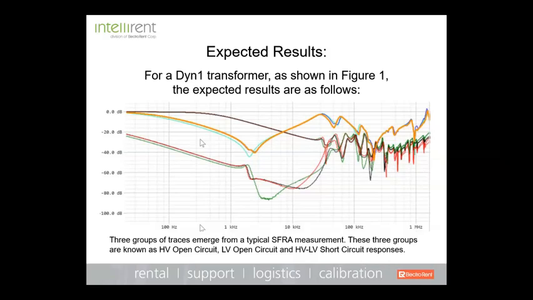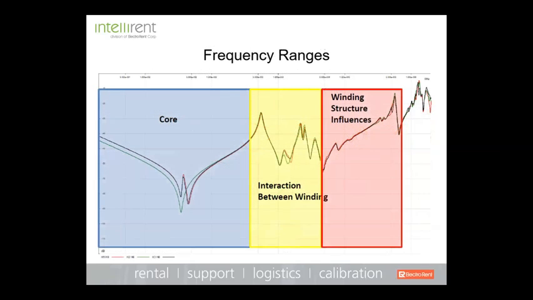And you would compare the results to the original trace to see where and if there are any mechanical failures as well. Now, depending on the range, and this is really what is important here, if you have core damage, this will be in the lower range, and then in your mid range you have an interaction between the windings, and then on the high end you have the winding structures themselves. So you get a lot of good information.